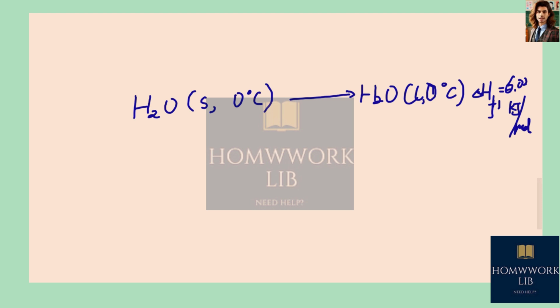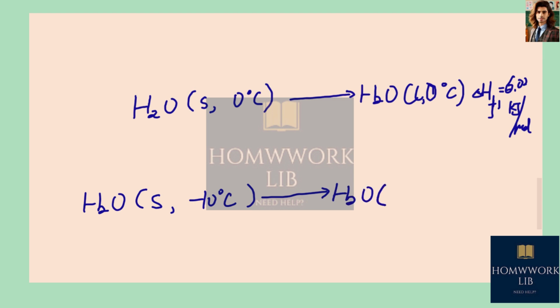Also, this question asks us to calculate the heat of fusion of water at minus 10 degrees C. So we can also write down the reaction. It's the solid phase at minus 10 degrees C converting into the water liquid phase at minus 10 degrees C, and it wants us to calculate the heat of fusion.